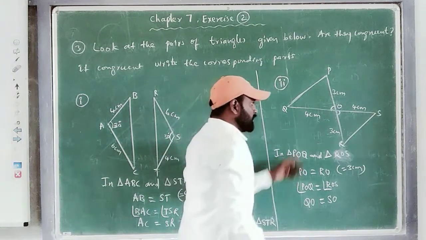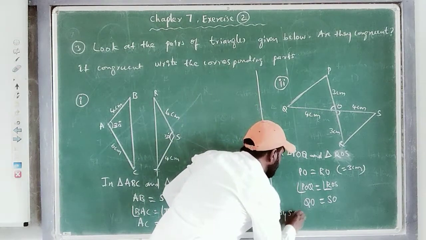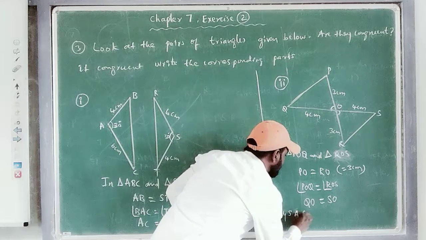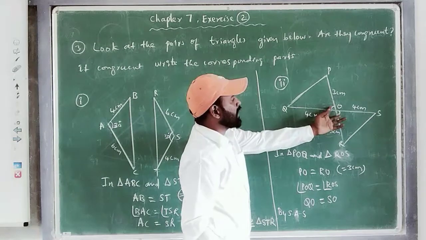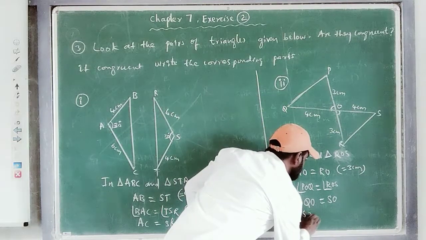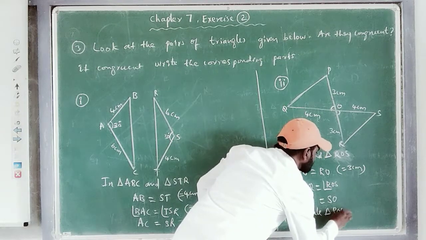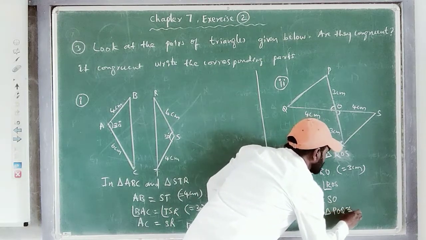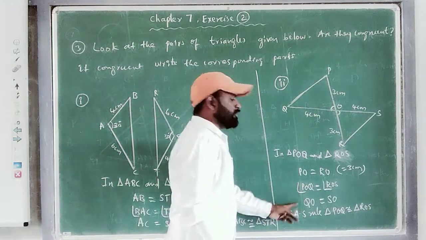Side, angle, side, this is also by the SAS rule. So the two sides are equal, and the angle included by them is equal. So by the SAS rule, triangle POQ is congruent to triangle ROS. So these are the corresponding parts.